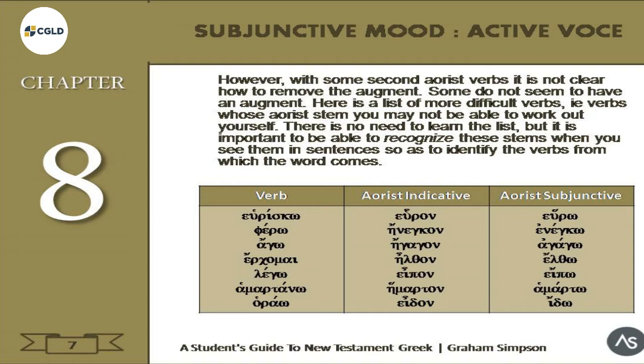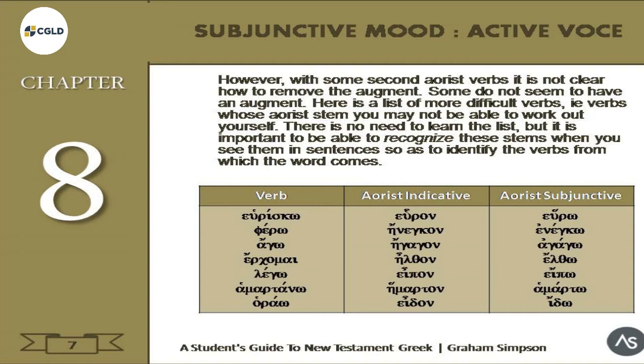Let us look at these verbs, which I call naughty verbs, which are irregular verbs and do not follow any rules or regulations whatsoever. For example, let us look at the last three words. Lego in aorist indicative becomes eipon, and in aorist subjunctive it becomes eipo.